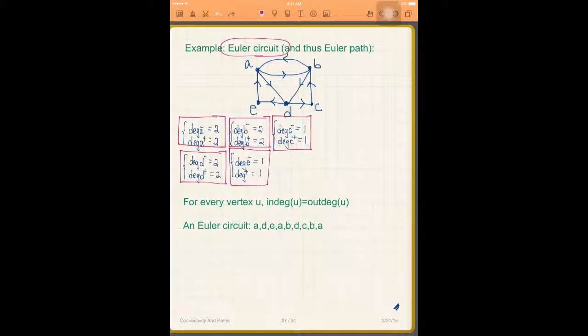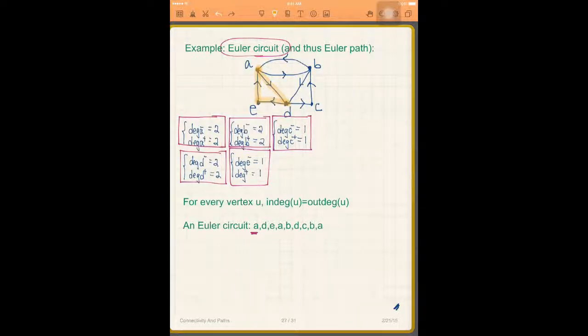So we look at this, and for the Euler circuit, here's an example. Again, I'm going to start up here somewhere where I have more edges, ins and outs, to choose from. So I'm going to start here at A. And then from A, let's go down to D. And then at D, I decided to go to E. And then E to A. Okay, that takes care of that part, so we won't have to come back to that triangle.